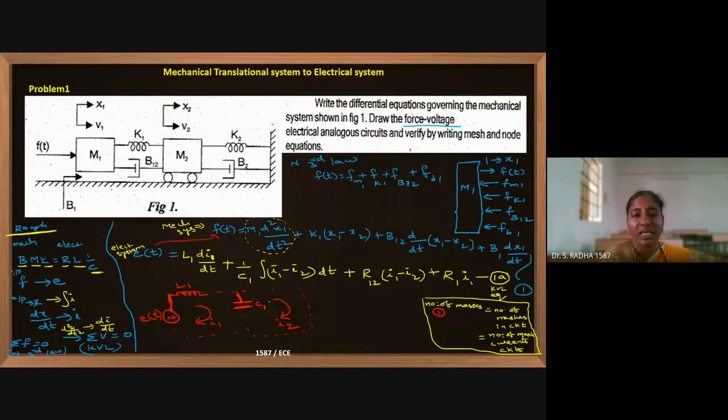So the second term is satisfied. Now the third one, R12. Both currents are flowing, so we put it in the common path. I1 minus I2 means opposite direction currents, so it is also satisfied.